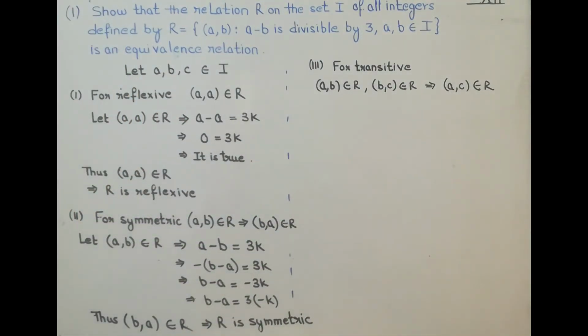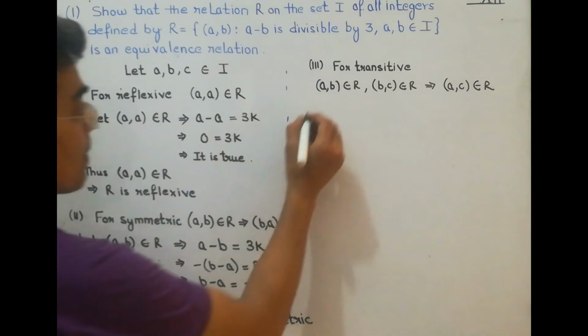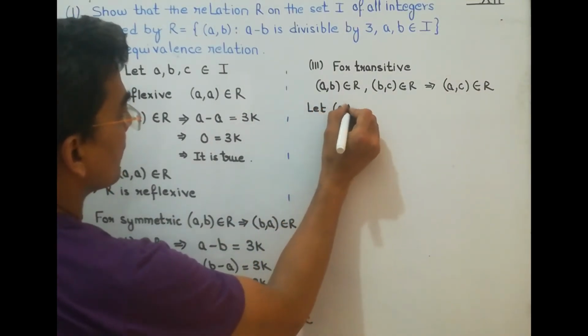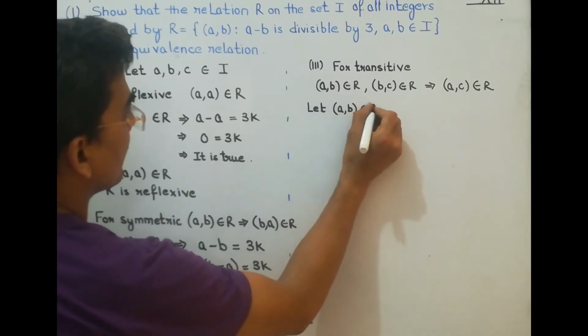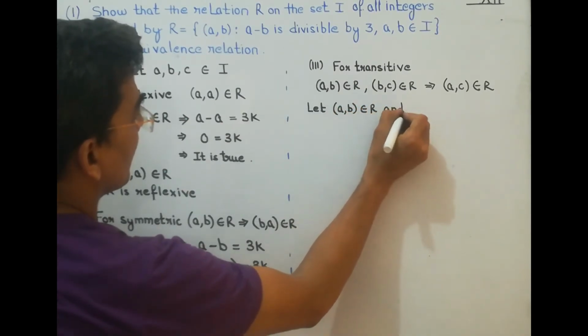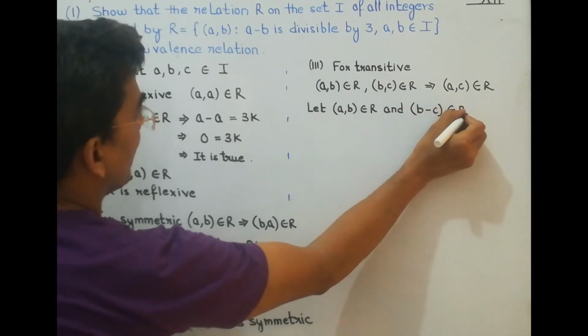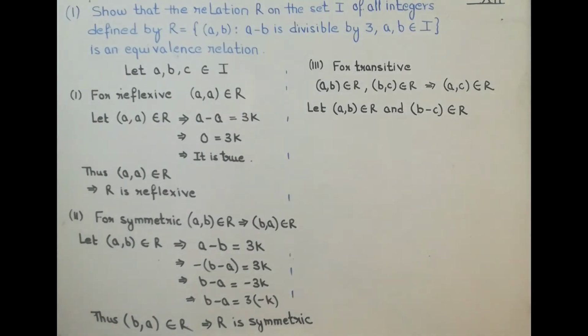If (a, b) belongs to R and (b, c) belongs to R, it implies that (a, c) must belong to R. Now let us see how we will prove this definition. So for this we will consider, we are considering the if condition.